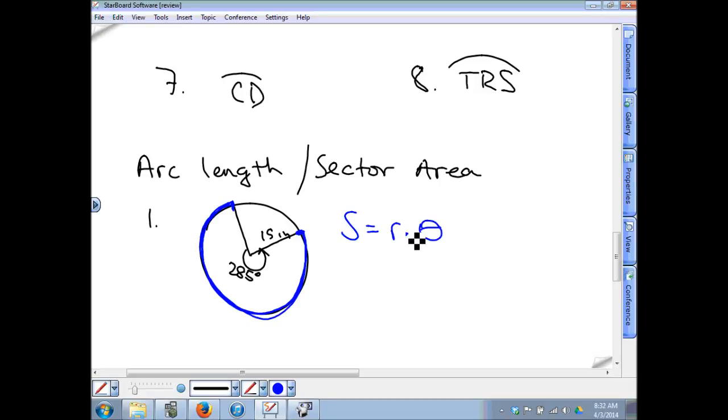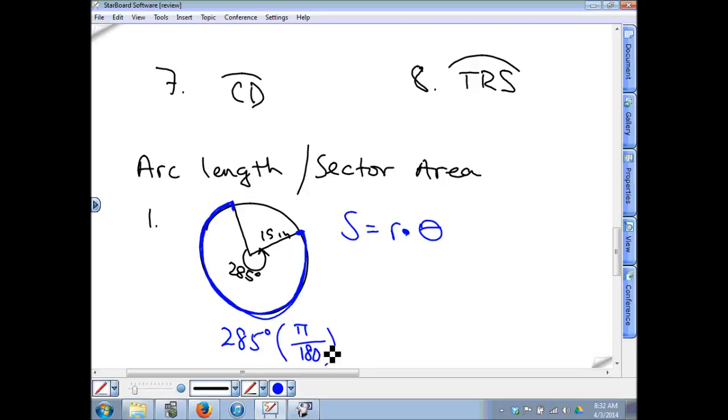However, and it looks like most of you remembered this when I was looking over your quizzes from last time, you can't use this formula for degrees. It doesn't work. This has to be in radians. So you've got to convert 285 degrees. We've got to multiply it by the correct conversion factor. What is it for degrees into radians?